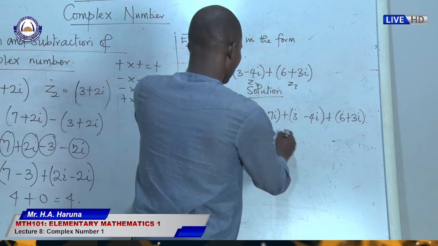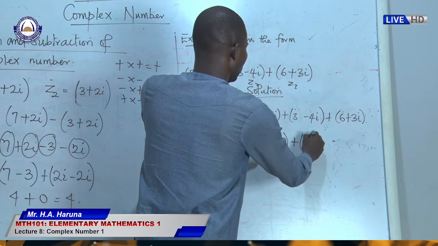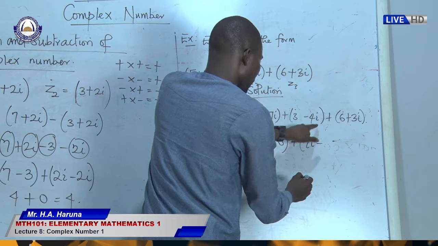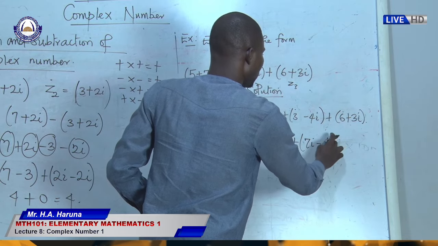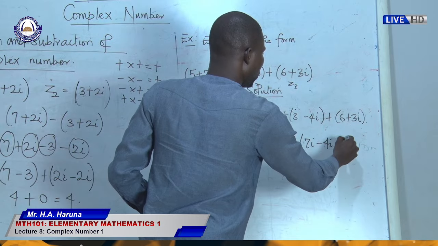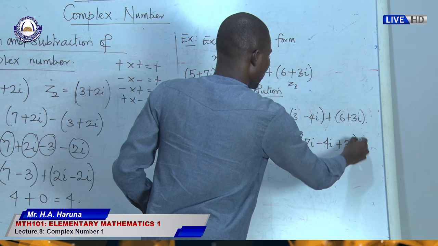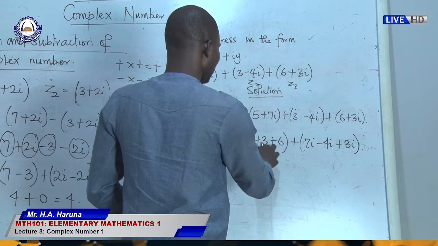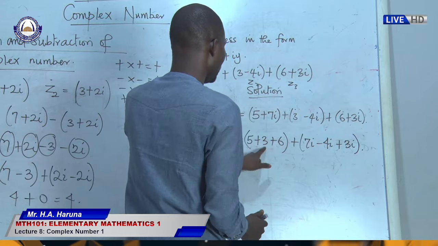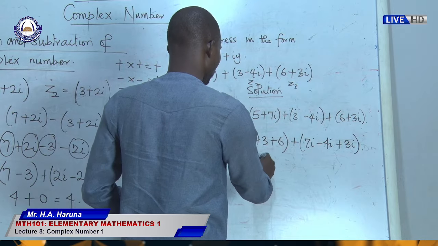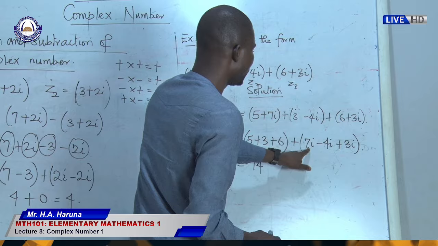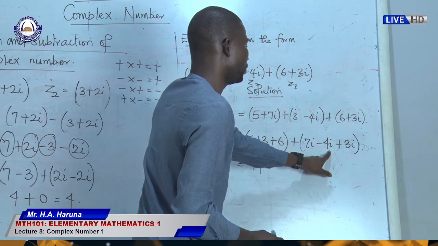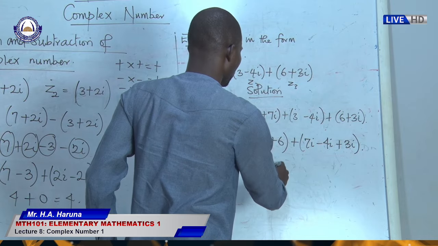So you have plus 7i minus, you have negative here, 4i, then plus 3i. Now you have 5 plus 3 plus 6. This is 8 plus 6 is 14. We have 14. Then 7 minus 4 is 3i, plus 3i gives you 6i.